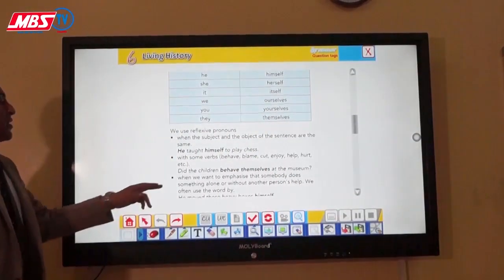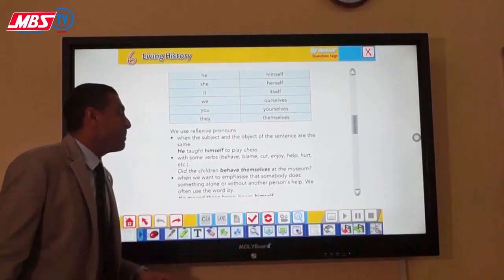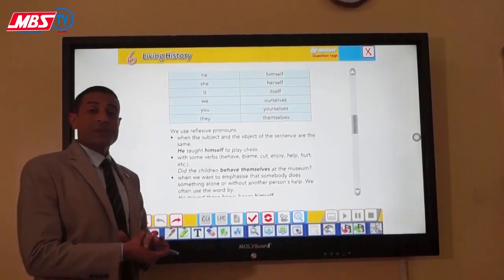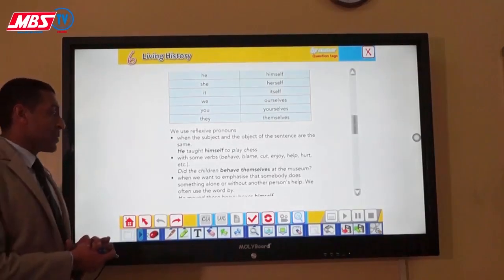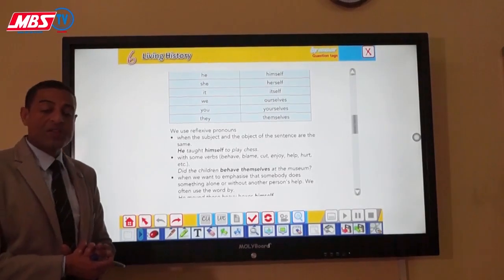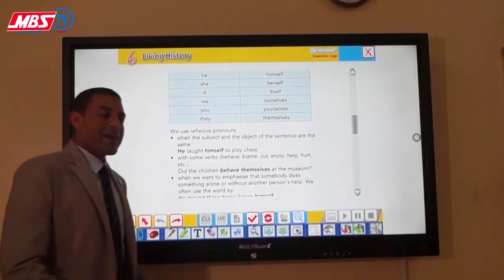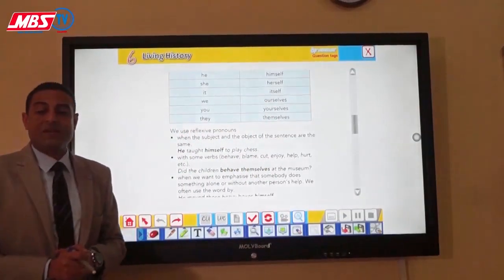And when we want to emphasize that somebody does something alone without other people's help. Just like I carried the desk myself, no one helped me.